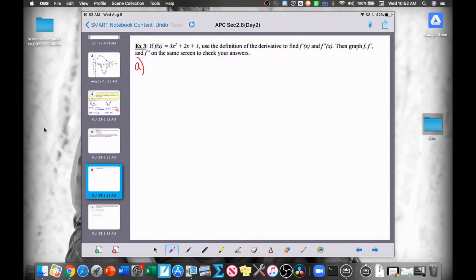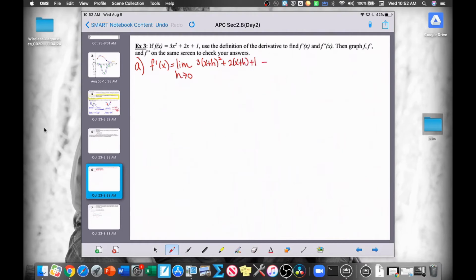For part A, if we're going to find f prime of x, we're going to be using our derivative formula, which is f prime of x is equal to the limit as h approaches 0 of f of x plus h minus f of x divided by h. So f prime of x is going to be equal to the limit as h approaches 0 of 3 times x plus h, quantity squared, plus 2 times x plus h plus 1.